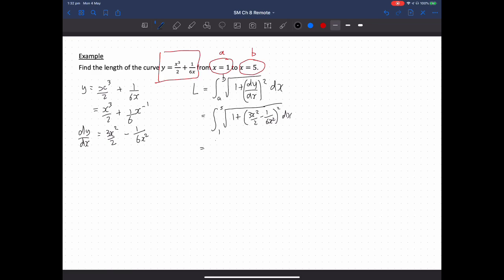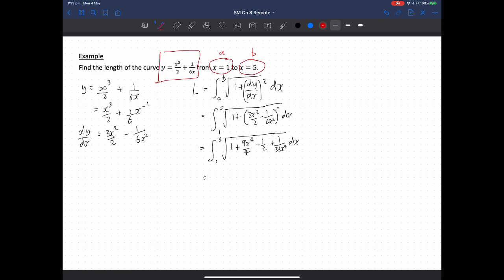So what we're going to do is expand our bracket. When we expand our bracket, we get 1 plus 9x to the 4 on 4 minus 1 half plus 1 on 36x to the 4, dx.